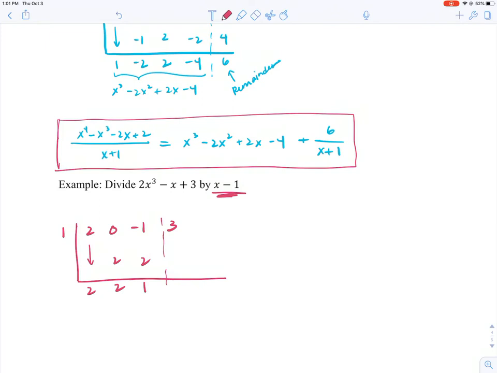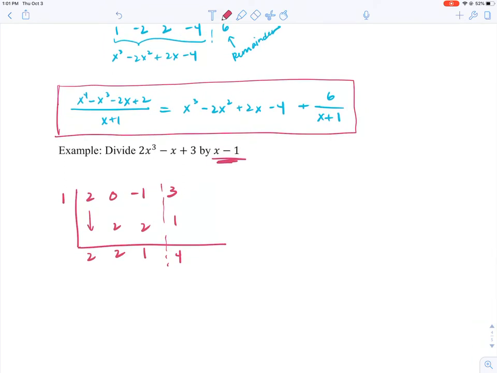Add straight down. 1 times 1 is 1. Add straight down. So it looks like we get a remainder of 4. So 2x cubed minus x plus 3 divided by x minus 1 equals 2x squared plus 2x plus 1. And then I'm going to put my remainder over my divisor. And we're done.